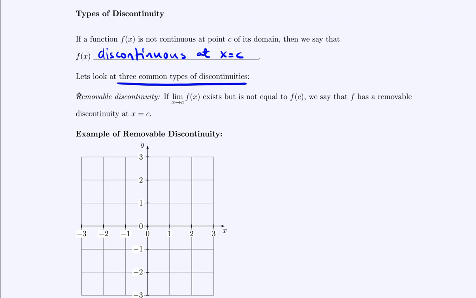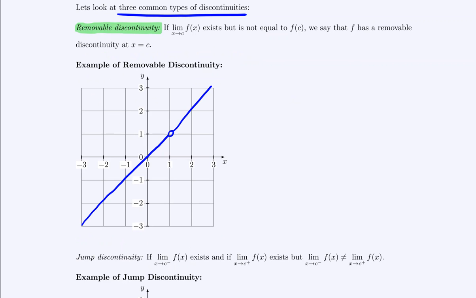The first one is called a removable discontinuity. Let me draw an example of that and then we'll look at the definition. In a removable discontinuity, let's say this is our point c that we're interested in. What happens is that the only issue occurs when x is equal to c. Notice at that point there's no function value.